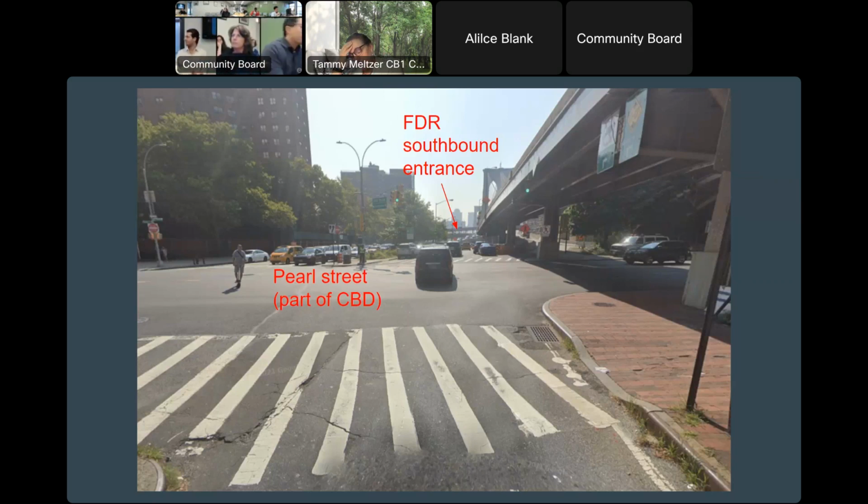Well, they said that a driver, instead of going FDR South, would be incentivized to go through the tunnel instead. So it would reroute traffic from going through this cross and would then drive instead down, if they're on the BQE, continue down the BQE and then go through the tunnel and then go up the west side north.